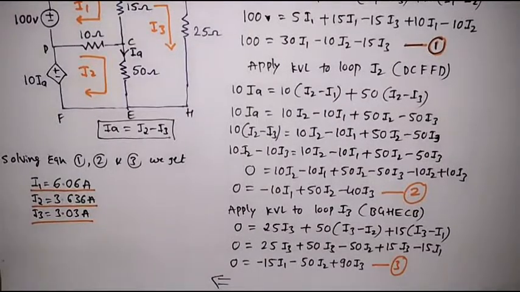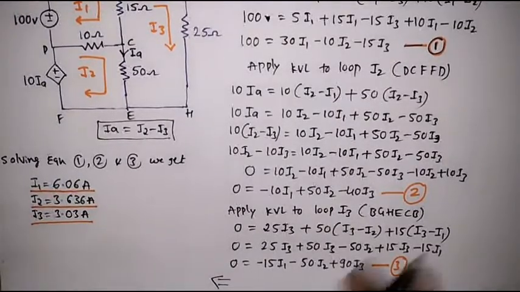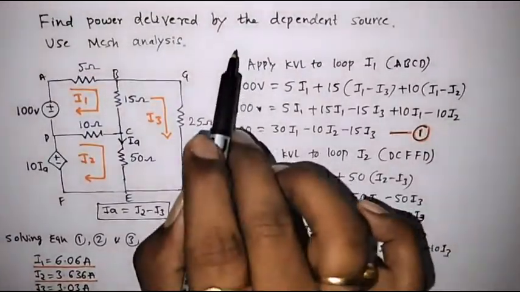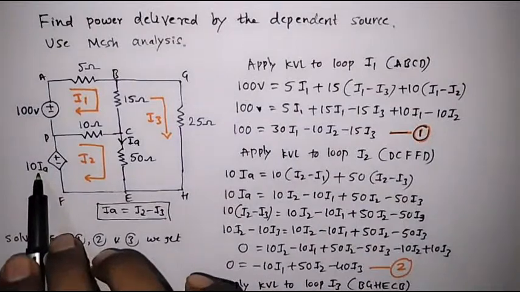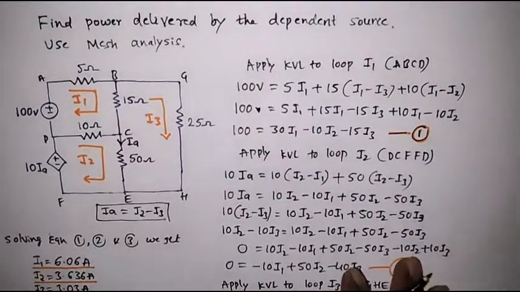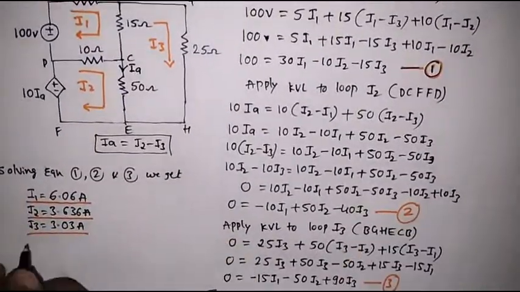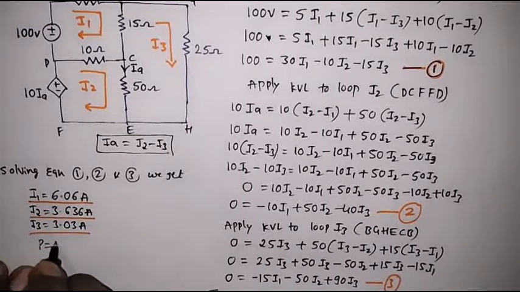Now let us find the power delivered by the dependent source. The question is the power delivered by the dependent source. Here the dependent source is 10 IA and we know that power is equal to voltage into current.